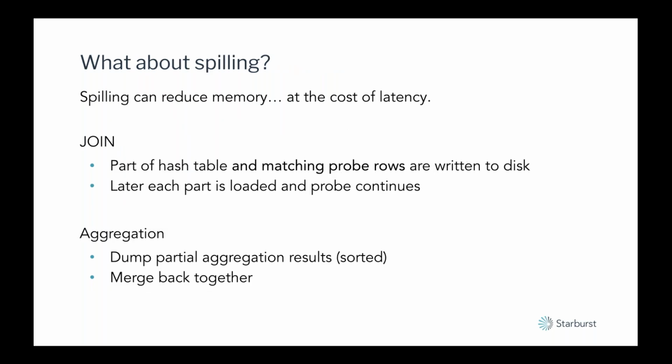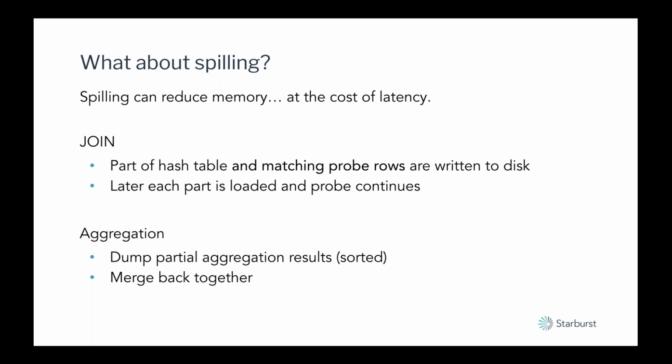All right. Someone's definitely going to ask about spilling. Basically the way spilling works is for a hash table, for a join, we take part of the hash table and we throw it on disk, and then we take all the rows that would match that part of the hash table and we write those to disk.